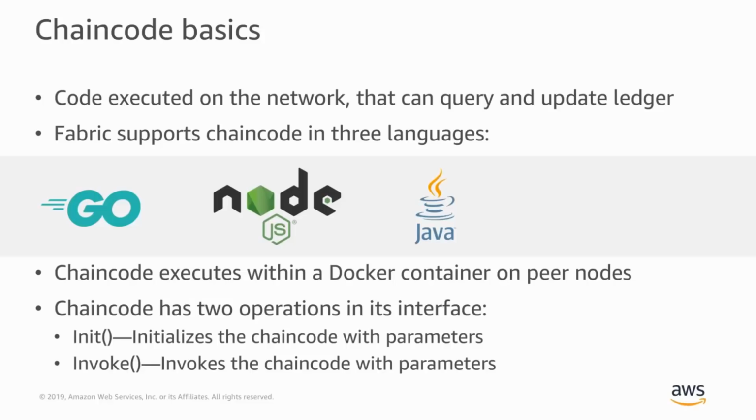Each new version of the chain code will result in a new Docker container, and each different chain code that you deploy will result in a different Docker container. So all chain code is executing in private Docker containers on the peer node. And the chain code has two main operations: an init operation, which initializes the chain code, and an invoke, which allows you to invoke methods and transactions on the chain code.